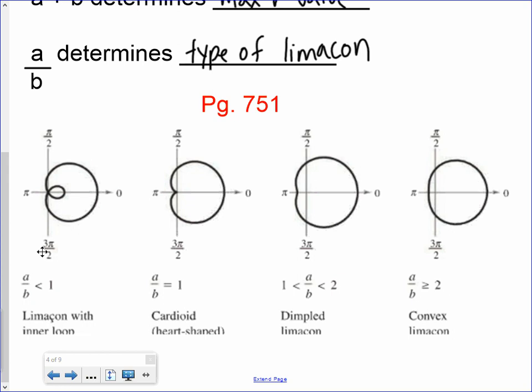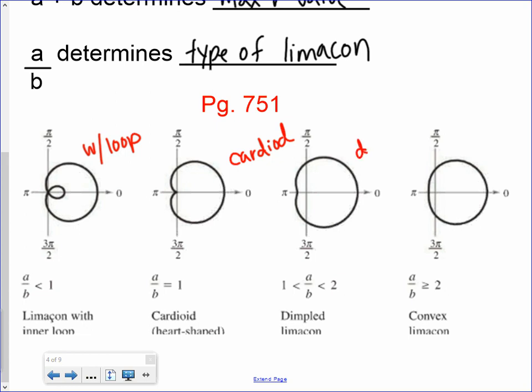Okay. So if I labeled these four, I call the first one a limacon with a loop. Then I have a cardioid, which has the word cardio, and that one looks kind of like a heart, doesn't it? Okay, so that's the heart one.